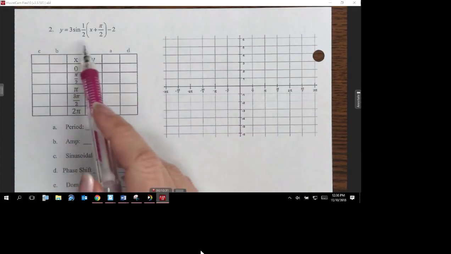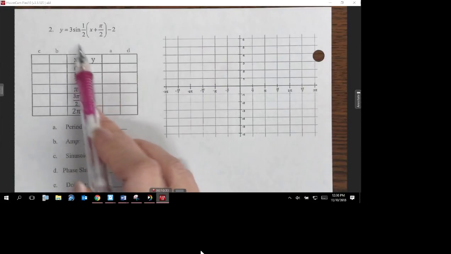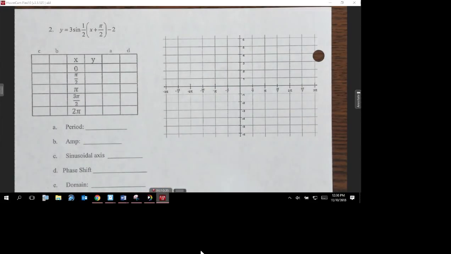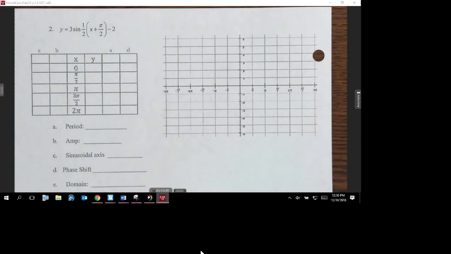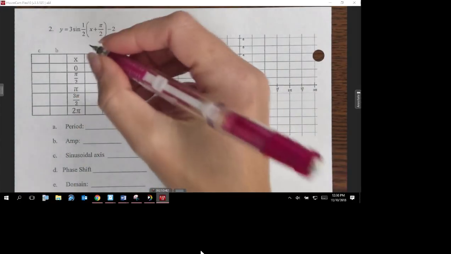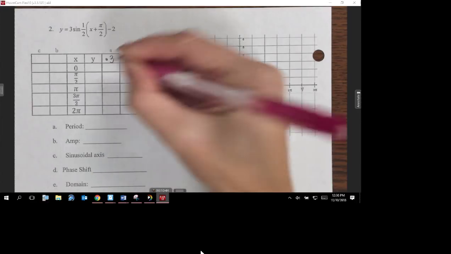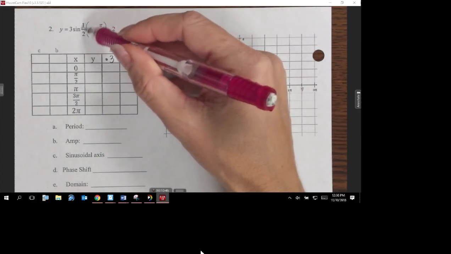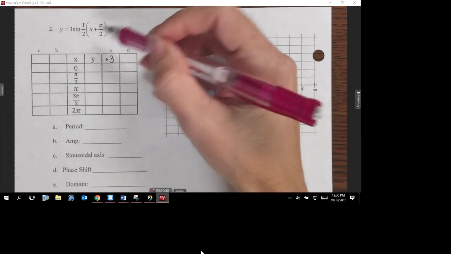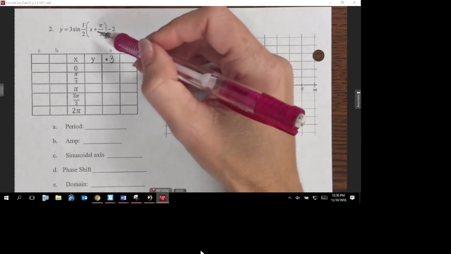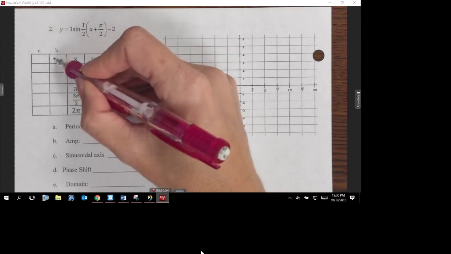All right, so you look at this equation, we're going to start writing down the transformations. So 3 out front is a vertical stretch, and we multiply our y's by 3. 1/2 after the word sine is a horizontal stretch, factor of 2.